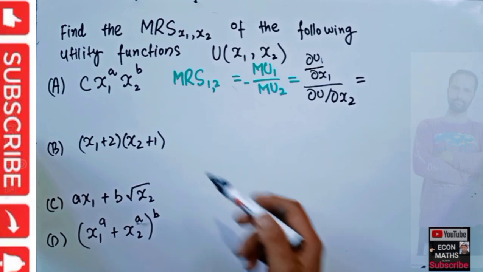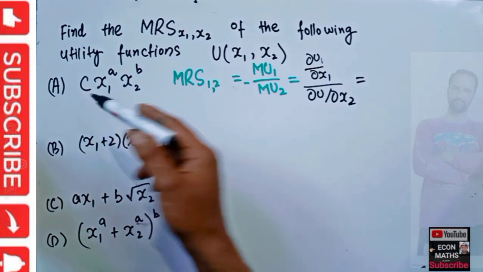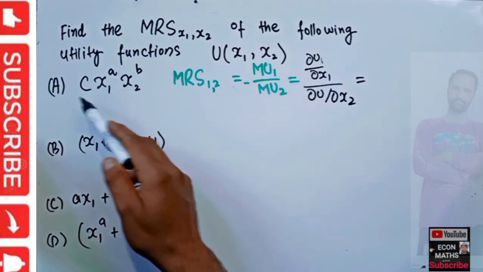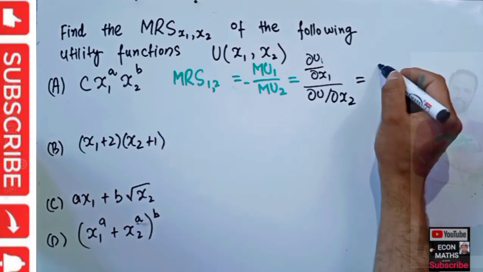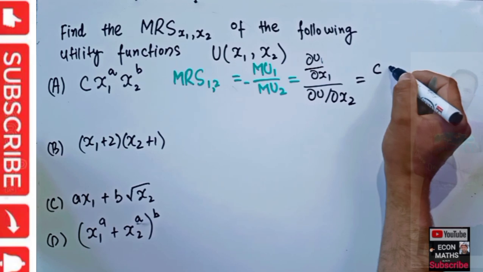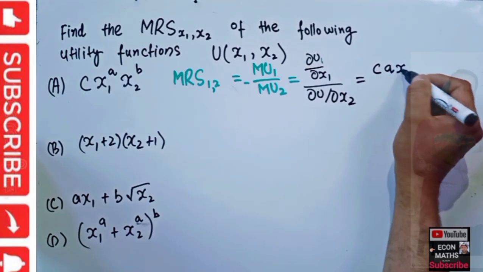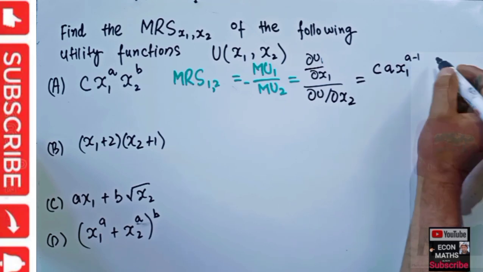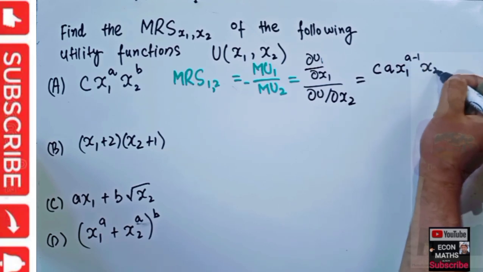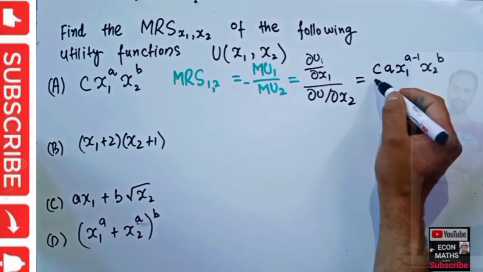What will it be equal to? Simply, if I take the partial derivative of this function with respect to x1, the exponent becomes the coefficient. So we have c, a becomes the coefficient, so we have a x1, and the exponent is subtracted by 1, a minus 1. Then we have x2 raised to the power b.